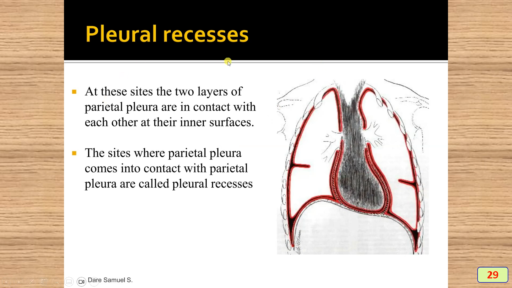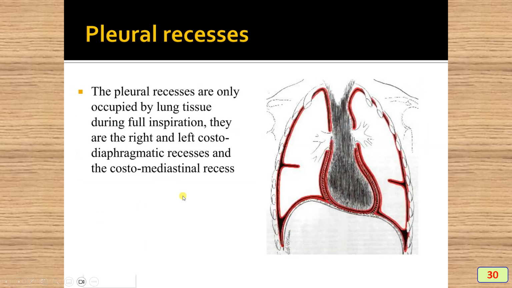These are called the pleural recesses, the sites where parietal pleura comes into contact with parietal pleura. The pleural recesses are only occupied by lung tissue during full inspiration.